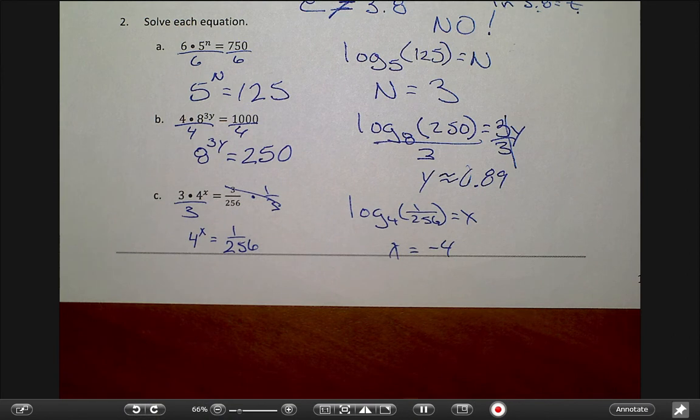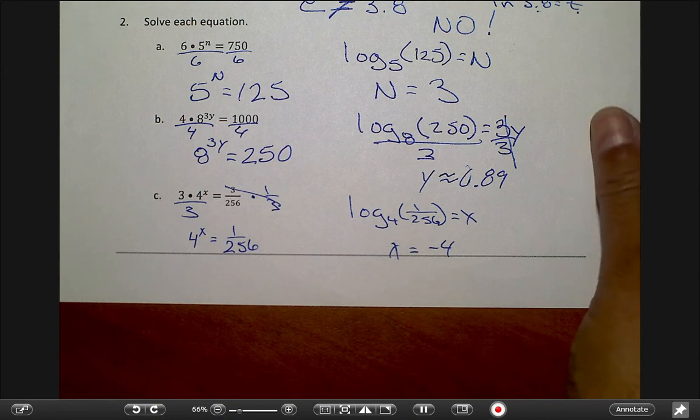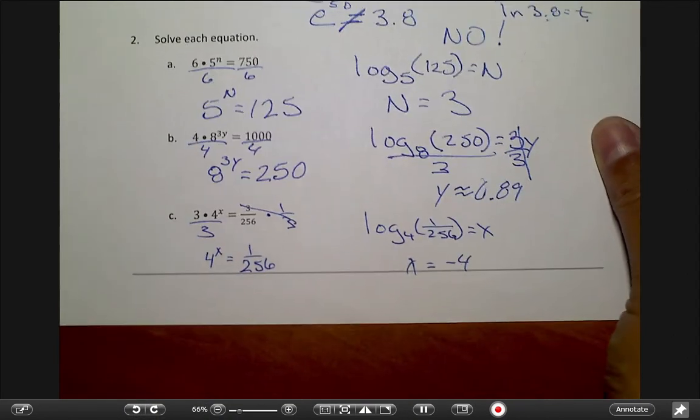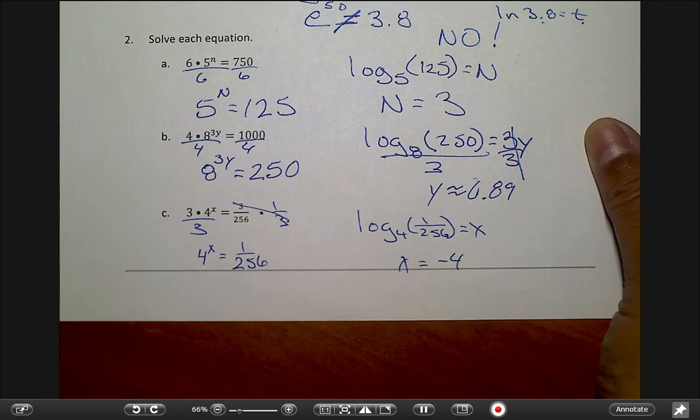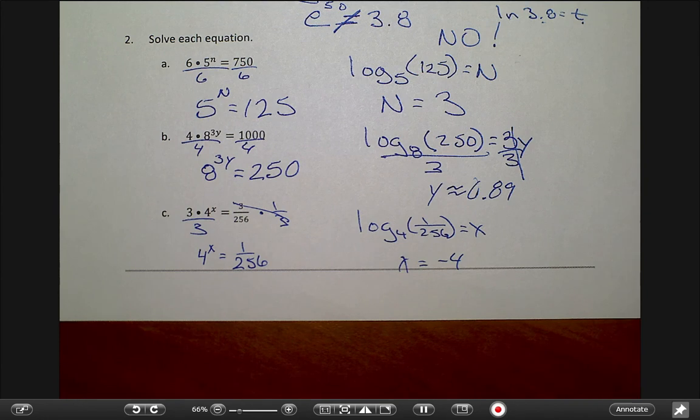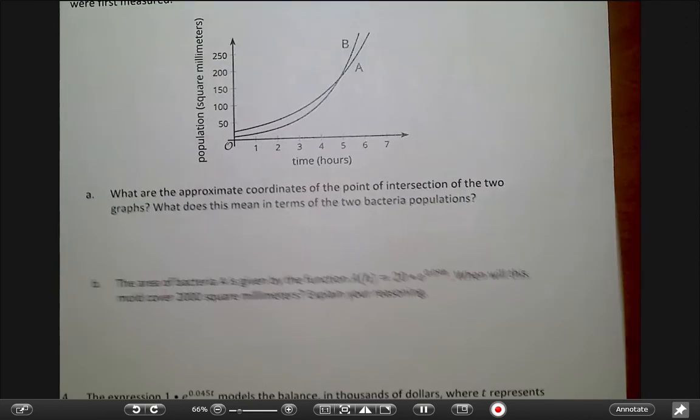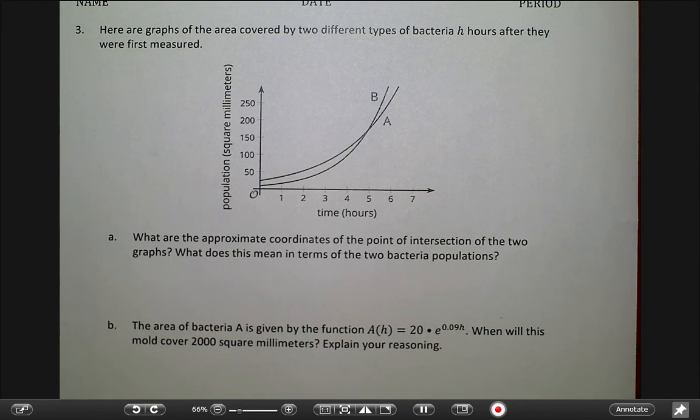Okay. I divided 3 by 256 and I got a decimal and it gave me the same answer. Okay, you use the decimals. It's fine. But yeah, you want to be exact in your answers though.